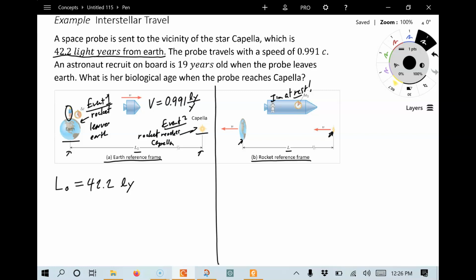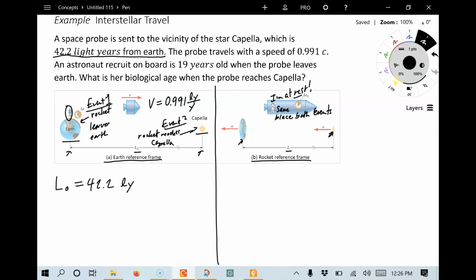However, the start and stop of the timing of these two events occur at the same place for the observer in the rocket ship. Both of these events occur at the same place, since the rocket person is just sitting there, and first the Earth is at their origin, x equals 0 for them, and then later on the star arrives there from their perspective.